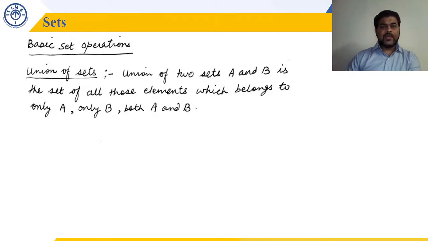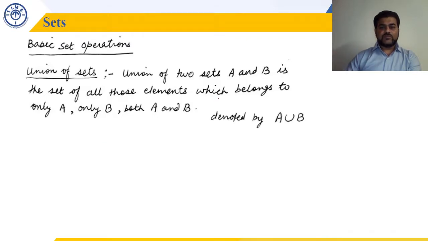Okay. And remember that you don't have to duplicate the elements, which means whenever you write the elements in a set, we never write any element twice. Fine. Remember this fact. We never duplicate the elements, in the sense, in a set we will write every element only once. Fine.